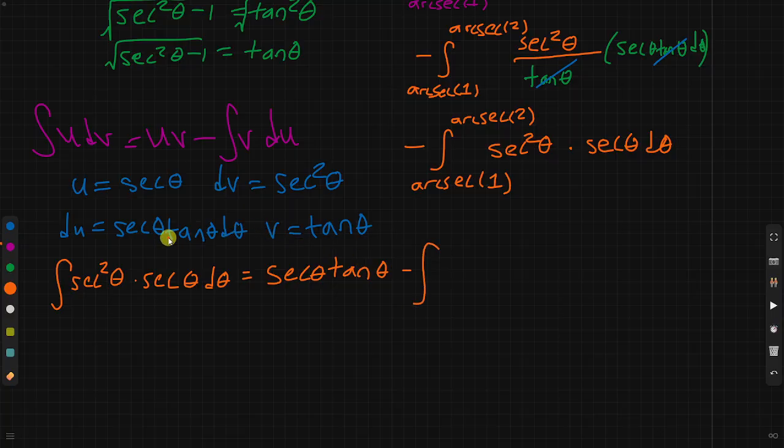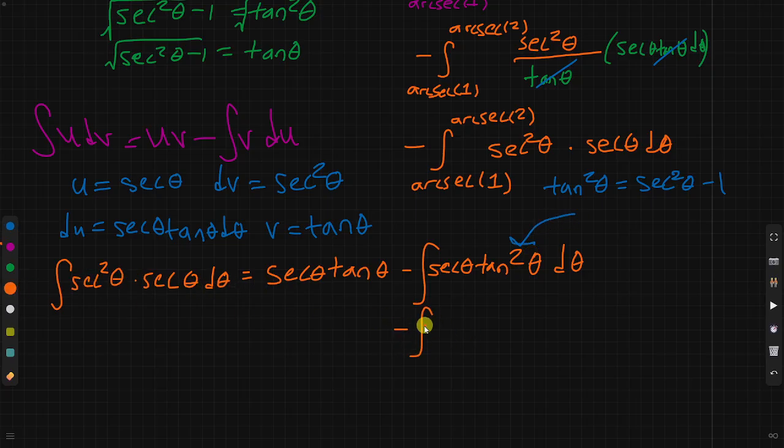minus the integral of v times du. This is just going to be secant theta tangent theta times tangent theta, which is just secant theta tangent squared theta d theta. And if we recall the same trigonometric identity I showed you here, tangent squared theta is equal to secant squared theta minus 1. I'm going to substitute that into here. So now I have negative integral of secant theta times secant squared theta minus 1 d theta.